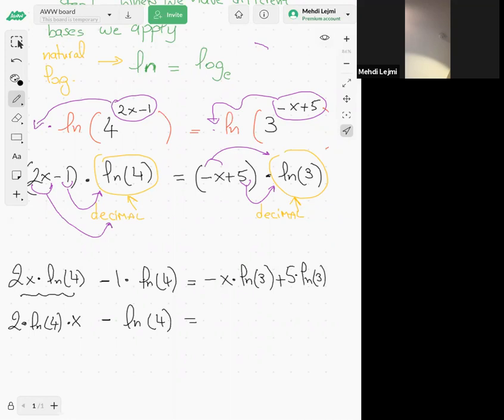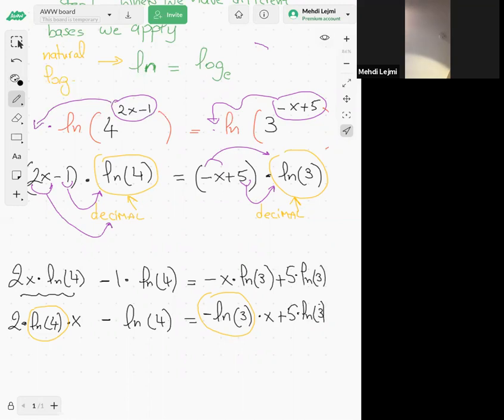And then there's this minus x times natural log of 3. And as I said, it's better to keep the x in the last position, so it's minus natural log of 3 times x. Again, guys, this natural log of 3 is just some number, 1 point something, times x. And the same for natural log of 4, it's just some number. And then there's this 5 times natural log of 3.